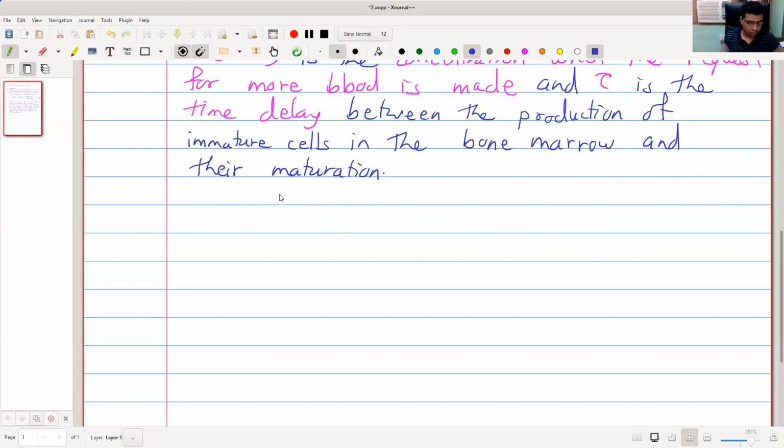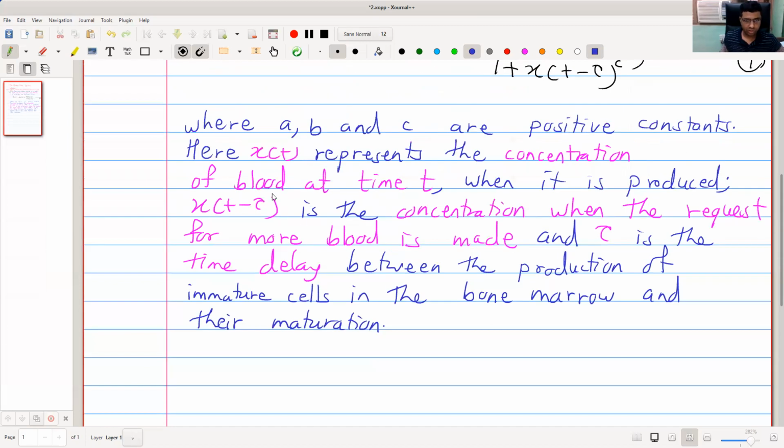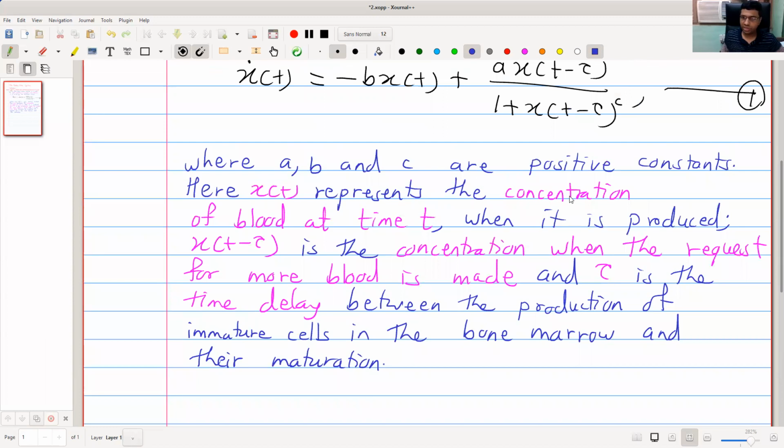So when the patient is having leukemia, then the time tau may become excessively large. Okay, so it takes more time to mature the cells, and this results in oscillations in x of t. Okay, so this concentration doesn't become constant, it oscillates.